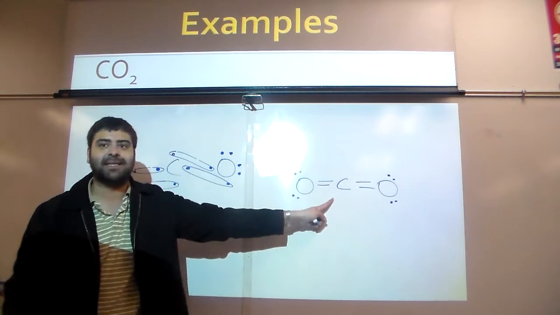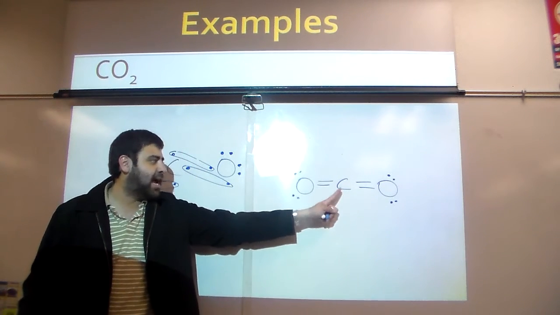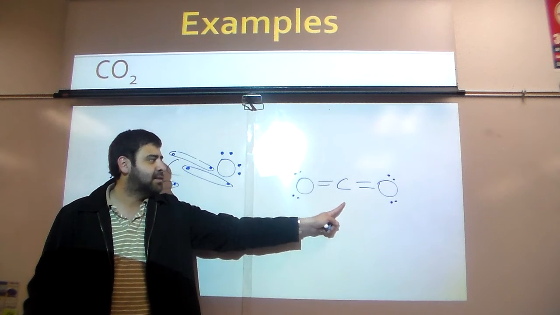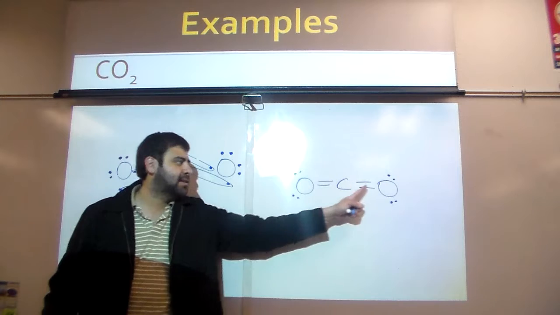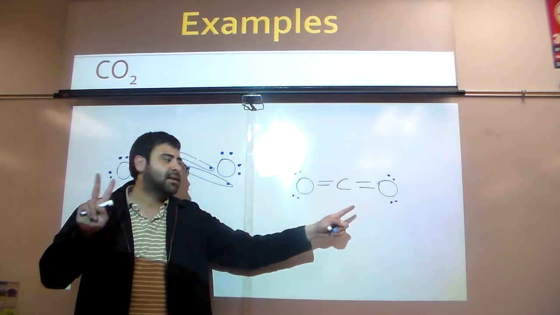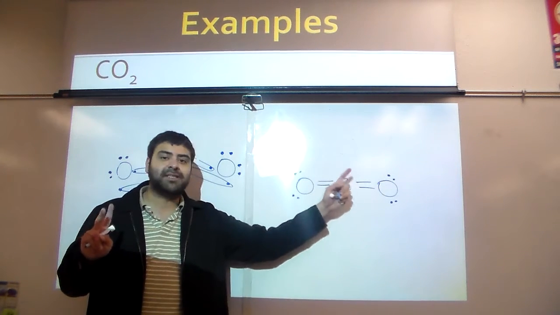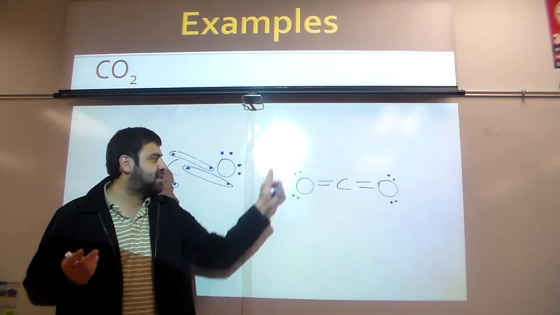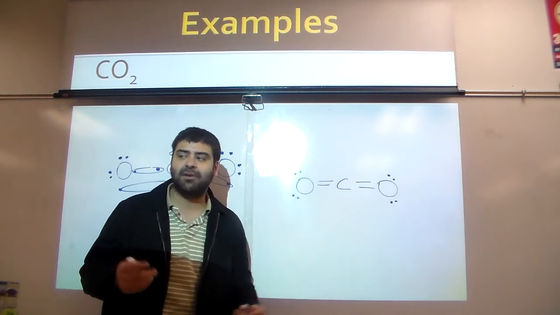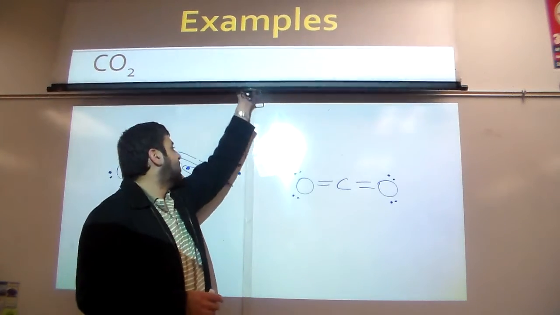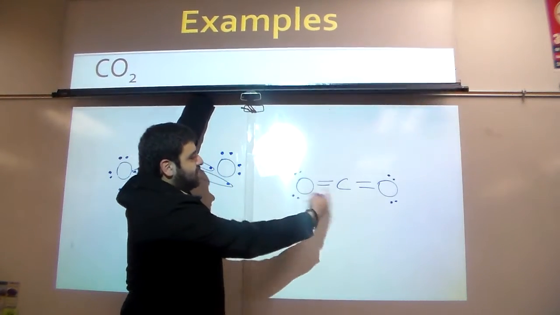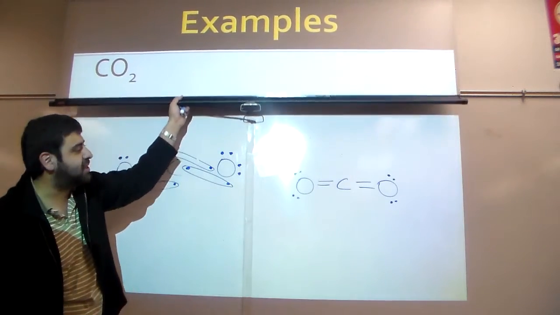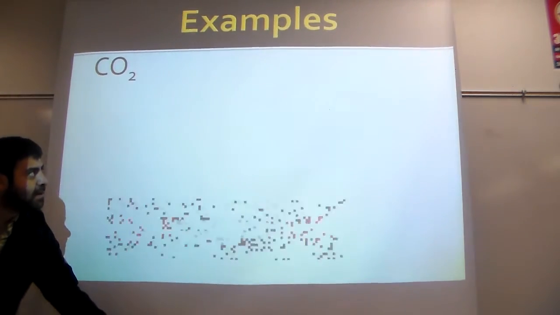How many atoms, and this is another tricky question, how many atoms are bonded to this carbon? The answer is just 2. Even though they're double bonds, there's still just 2 atoms bonded, 2 oxygens, right? So what you can see already is this shape that it's going to take is just a straight line.